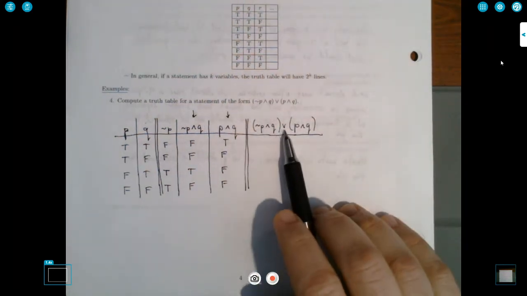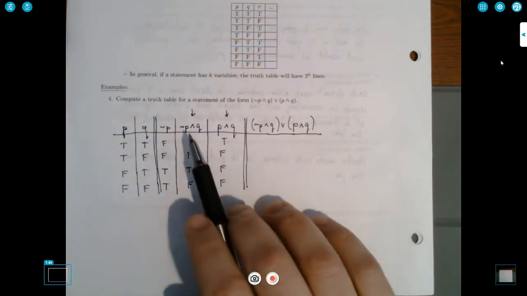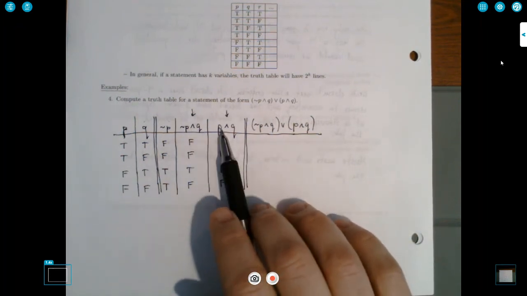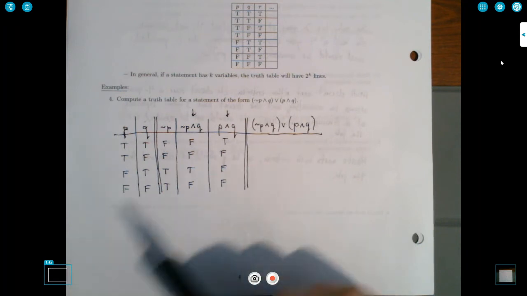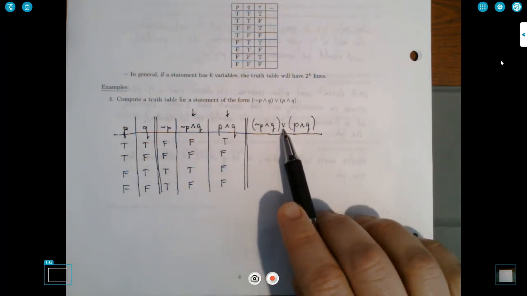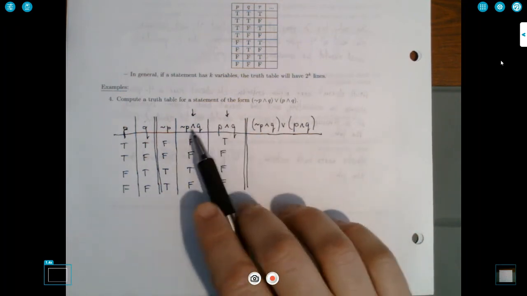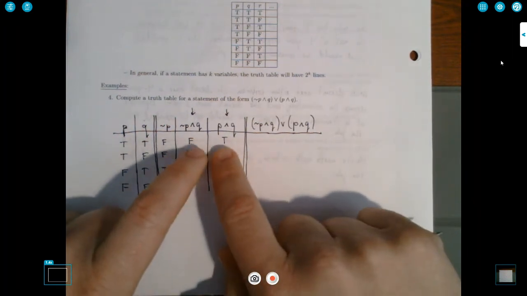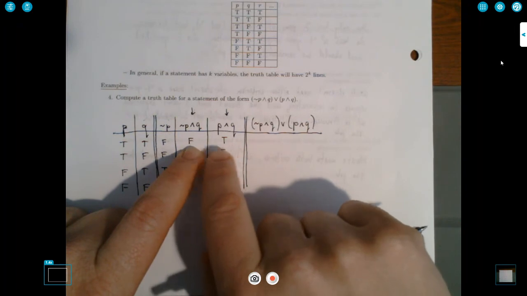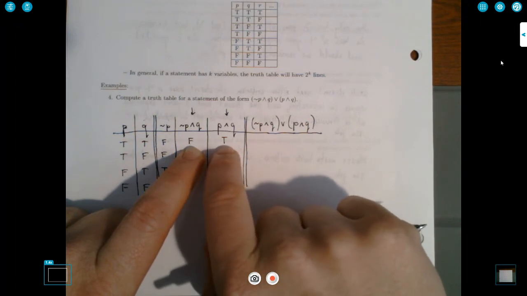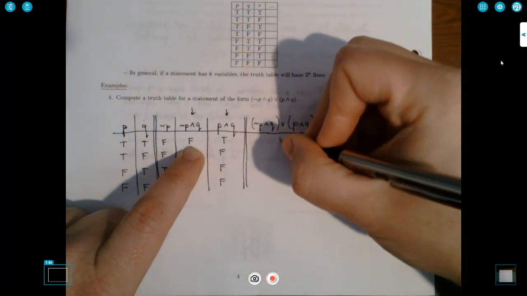And this time we're doing a disjunction, right? In order for the disjunction to be true, we only need at least one of these columns to be true, so one or two or both. The only way this disjunction is going to be false is if both columns are false. For this first row, we have one true statement, so the disjunction is true.